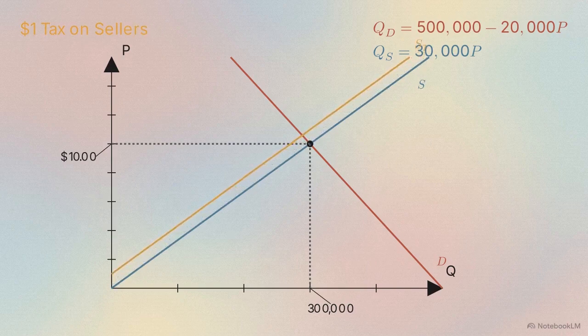The price the producer actually receives is now the market price, P, minus the $1 tax. By equating our original demand with this taxed supply, we can solve for the new market price. The calculation shows the price for consumers rises to $10.60, while the quantity traded drops to 288,000.